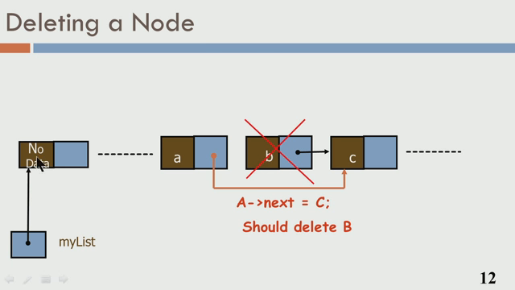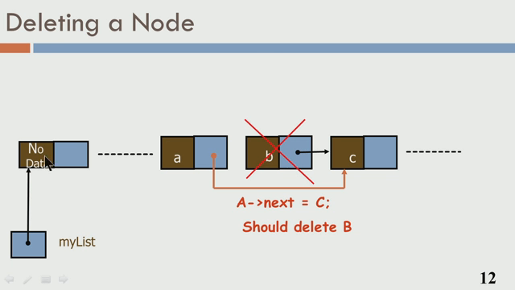You start from the beginning, and you keep looking at elements till you reach the node. In this case you are reaching B, but you can't go to B and then delete B. So you keep looking for elements whose next pointer satisfies the criteria.